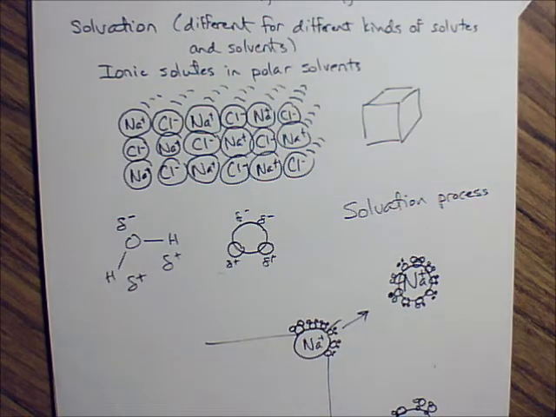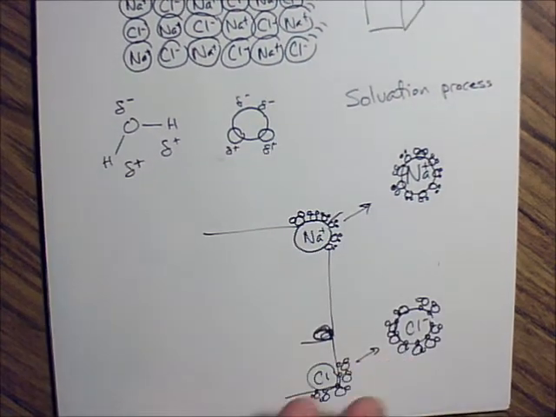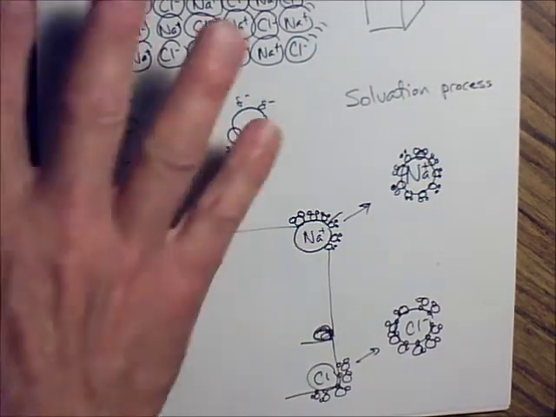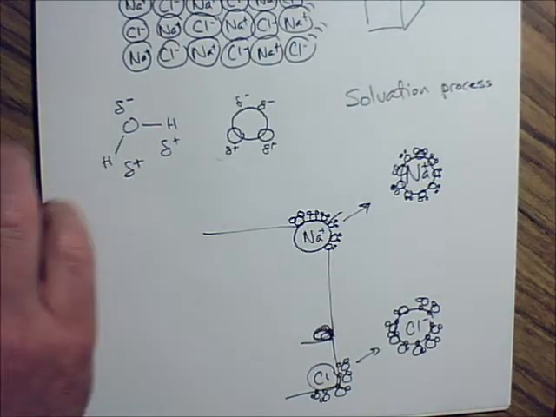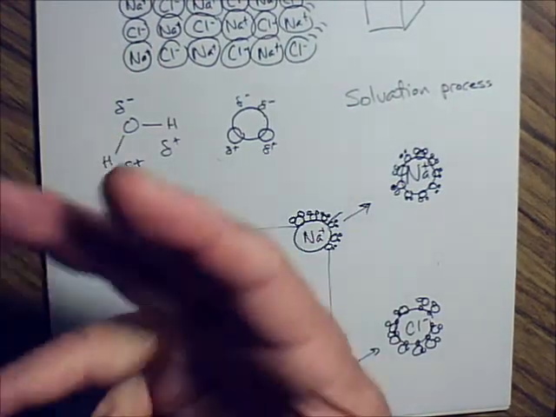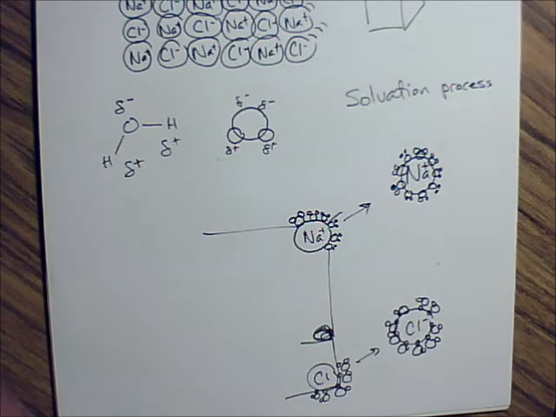Describe the process of solvation of an ionic solute in a polar solvent. So all of this has to do with that process. I'm using illustrations and my words to describe the process. Can you do it? So, is it just when the particles go from one to another?